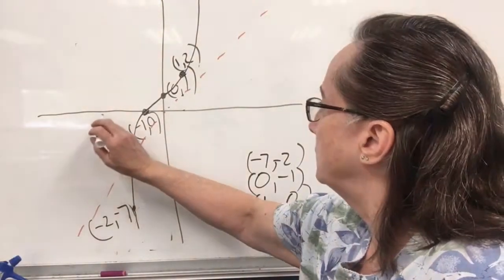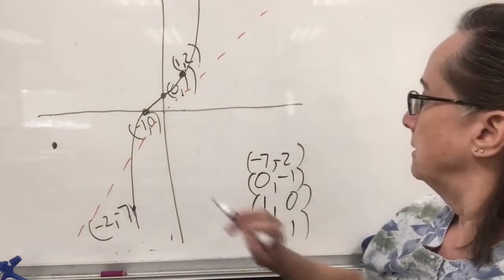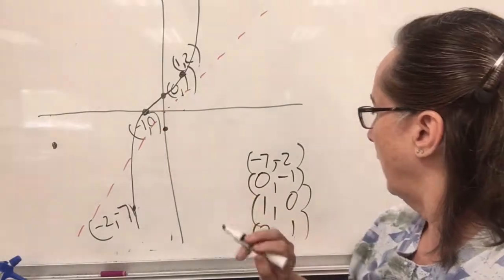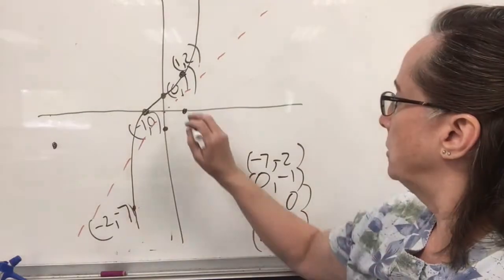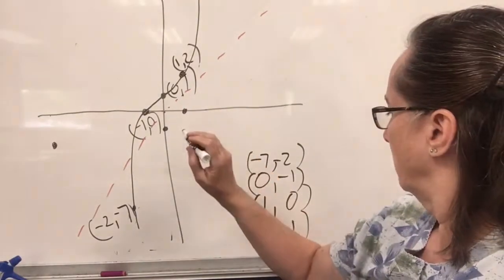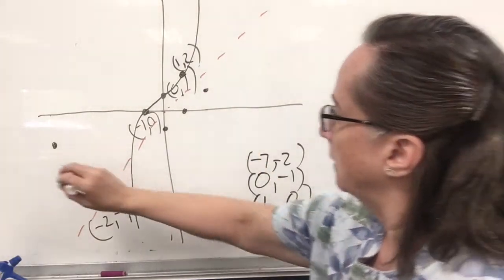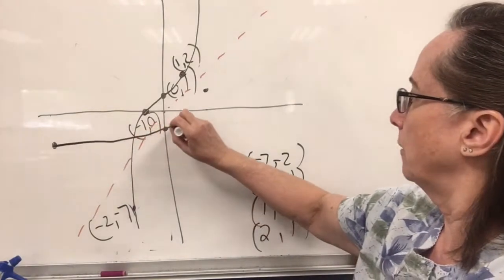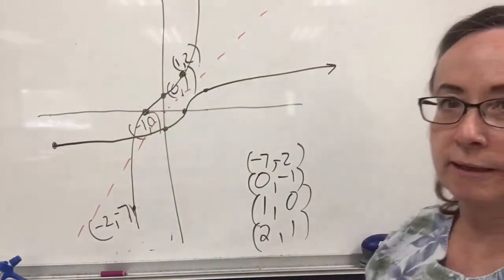So let's plug in those points. Negative 7, negative 2 is somewhere about there. 0, negative 1 would be about there. And then 1, 0, and then 2, 1. Basically it's going to come like this from over here, and it's going to squiggle this way, and it should go out in that direction.